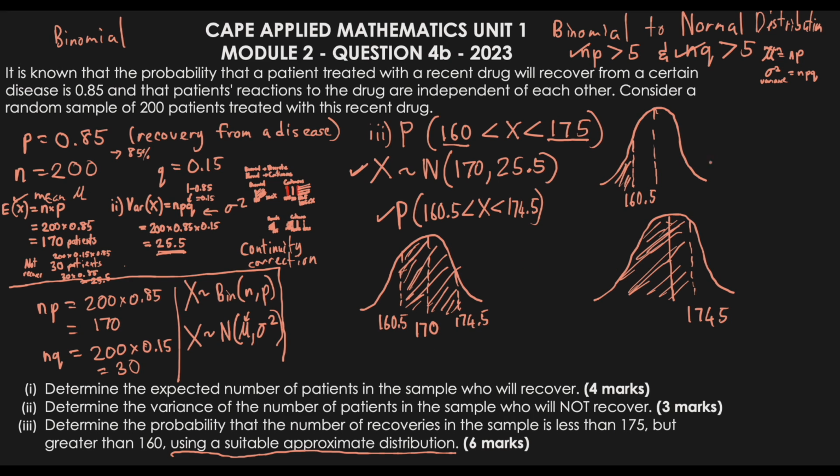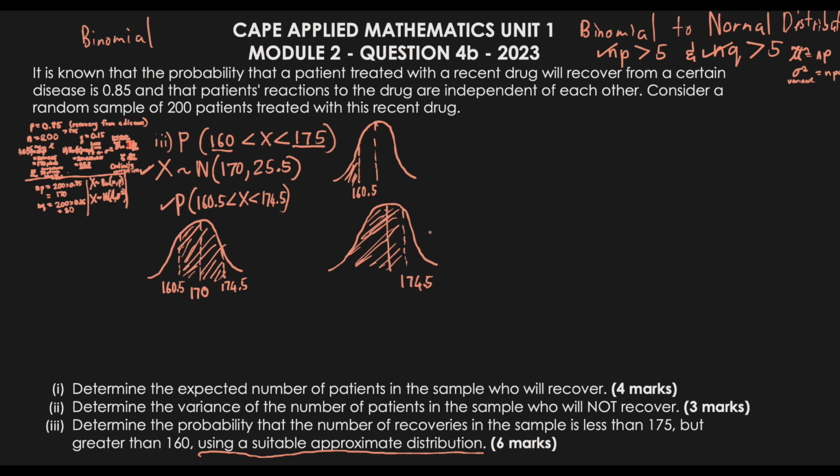Now let's go to the Z-score bank, as we discussed earlier, and try to put this together. Let's clear the screen a little bit. We know that the mean is 170, so I'll work out this one first. The Z-score is equal to x minus the mean divided by the standard deviation. So Z is equal to 174.5 minus 170 over the standard deviation, which has to be the square root of the variance.